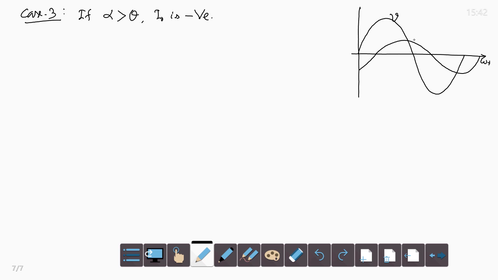This is V, this is the steady state current ISS, this is the theta, and this is the alpha. So, here this is I 0, which is negative, and initial value of I 0 is negative. So, transient component is like this, transient component.